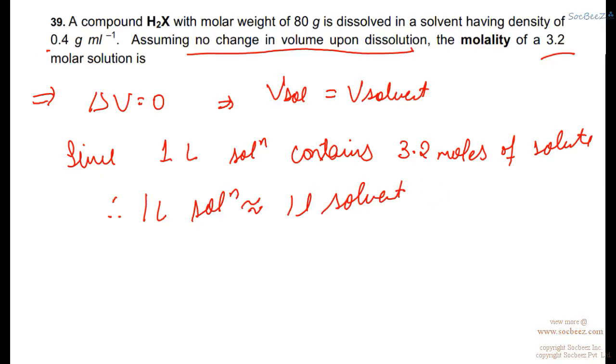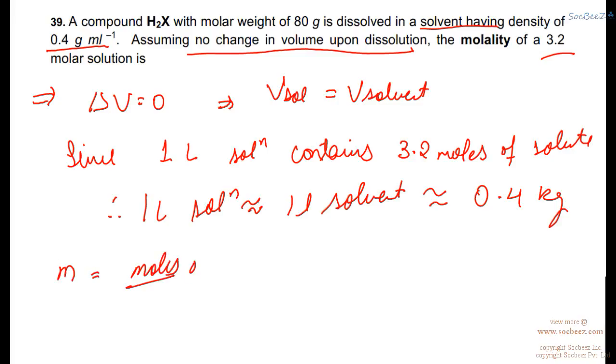And now since density is given to be 0.4 gram per milliliter, this is going to be 0.4 kilogram. Here it is given that delta V equals 0. Therefore, volume of solution should be equal to the volume of solvent, and hence 1 liter of solution is almost equal to 1 liter of solvent, which is almost equal to 0.4 kilogram of solvent, because the density of solvent is 0.4 gram per milliliter.